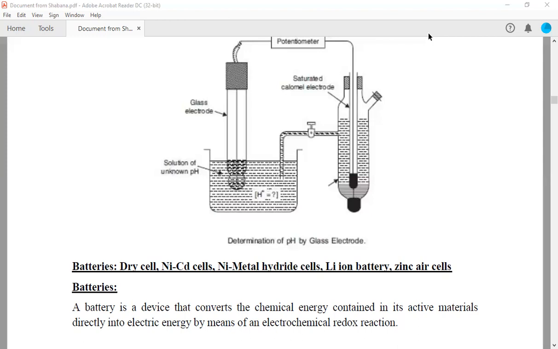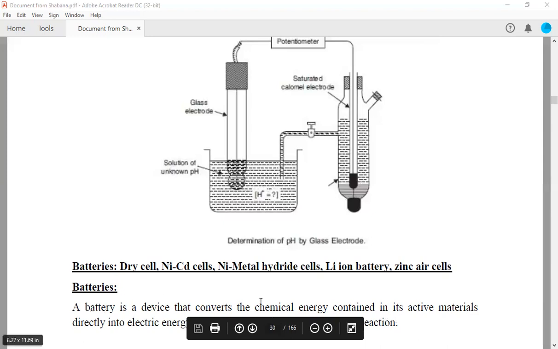Battery means an electrochemical cell connected in series and can be used as a source of direct electric current at constant voltage. That means it is a device which converts chemical energy, the chemical energy in the active material, directly into electrical energy.